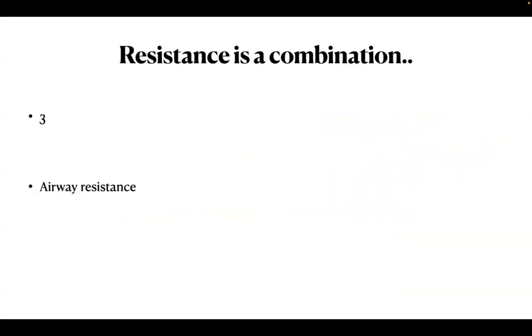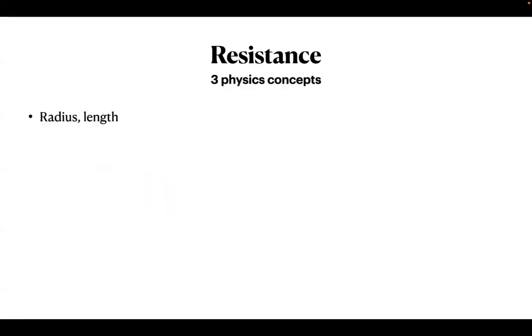So actually, resistance has three components to it. It is tissue resistance, inertance, and airway resistance. But since this is the most relevant to us when you're mechanically ventilating a baby, we'll talk more about airway resistance. So in order to understand airway resistance, you're going to have to learn or revise 3 physics concepts.